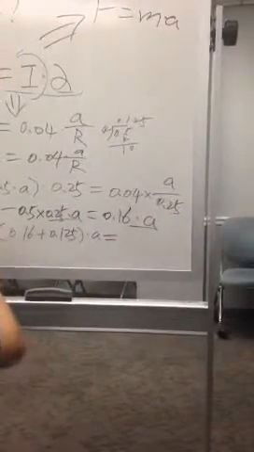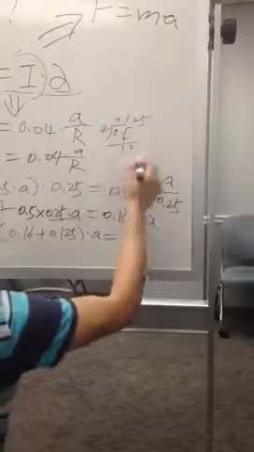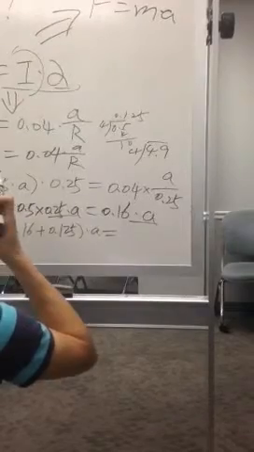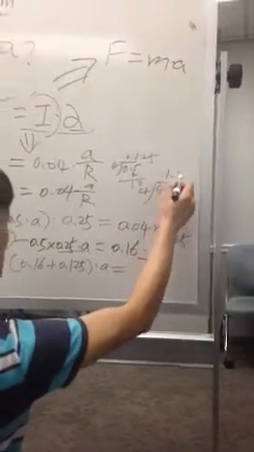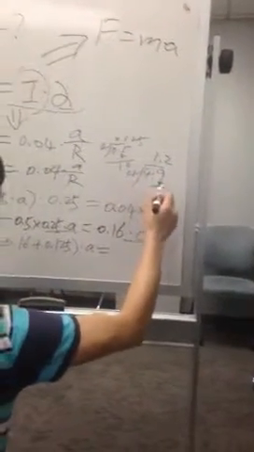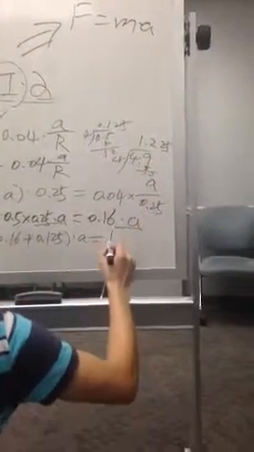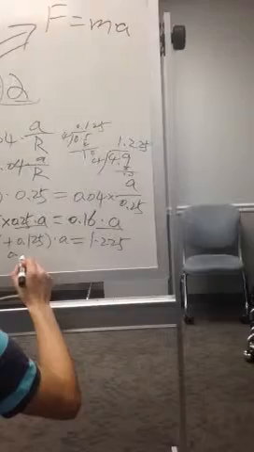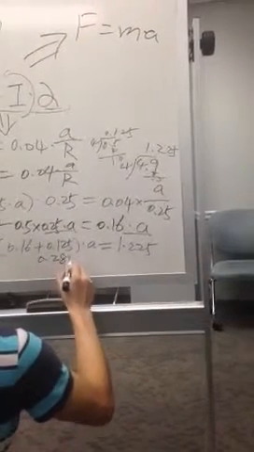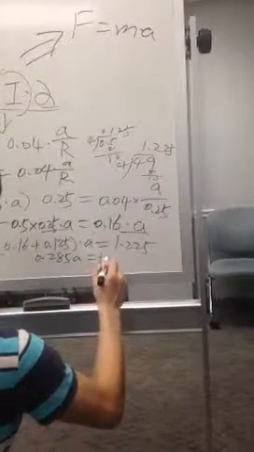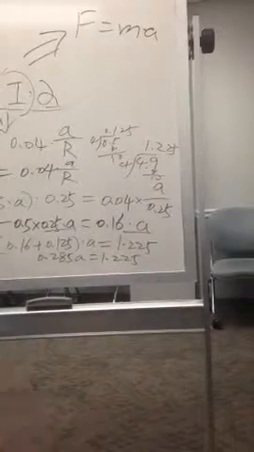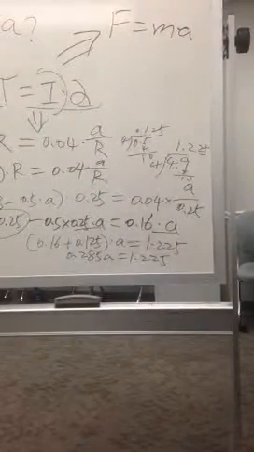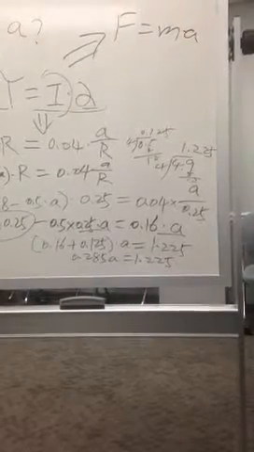Is equal to here, which will be 4.9 divided by 4, actually, 1.225. So here is 0.285A equal to 1.225. Let me calculate it. You understand so far?